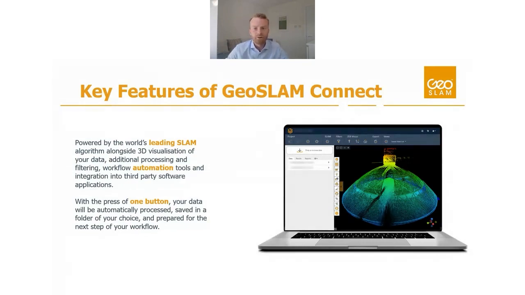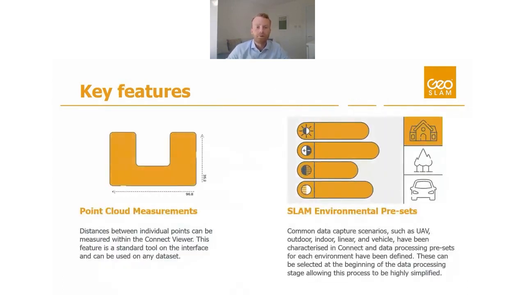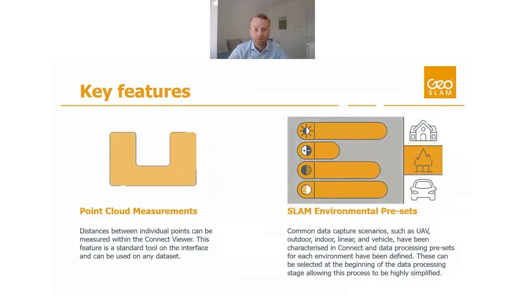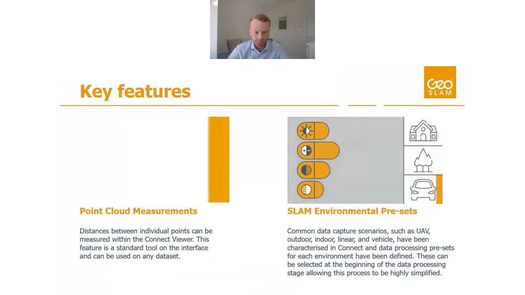Firstly, though, we'll have a look at some of the additional key features in GeoSLAM Connect. We've got a point cloud measuring tool, which measures the distance between individual points within the point cloud, and this comes as standard with all Connect packages.